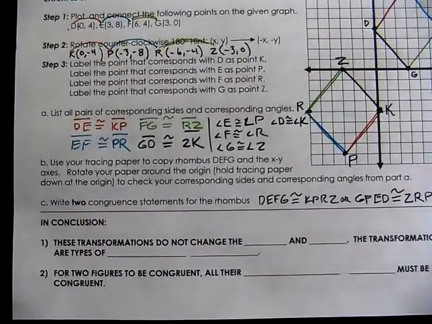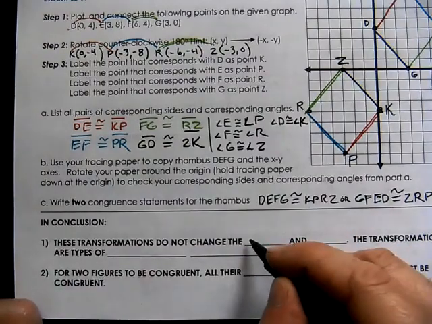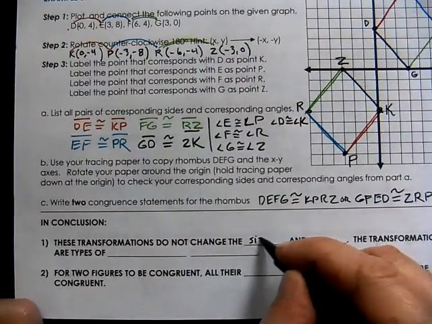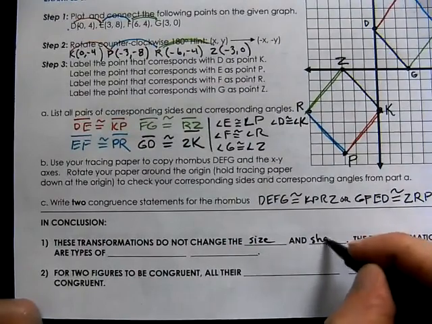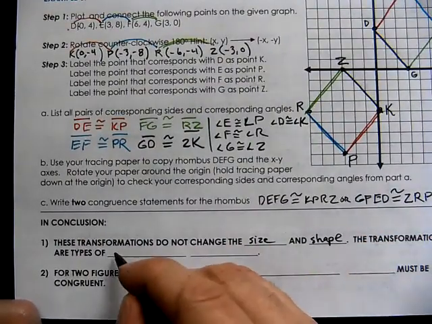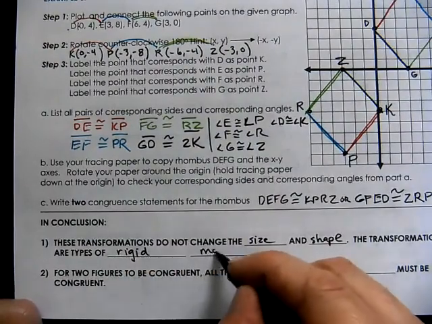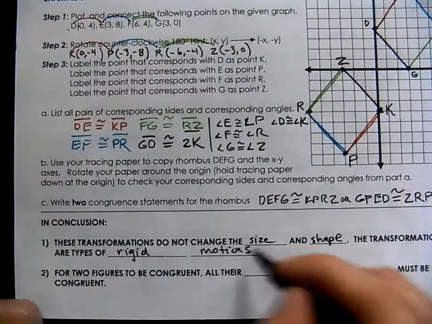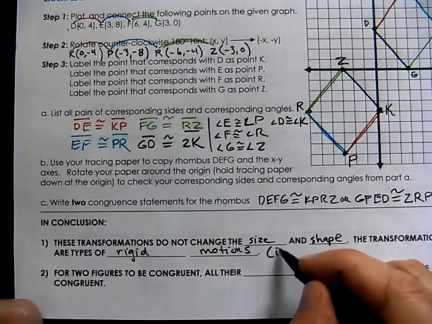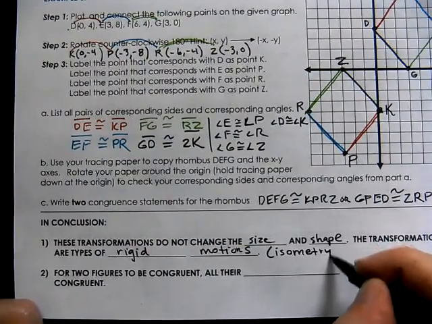So here's the big idea. These transformations do not change the size and shape. The transformations are a type of rigid motions. And again, our book sometimes uses the word isometry to describe a rigid motion.